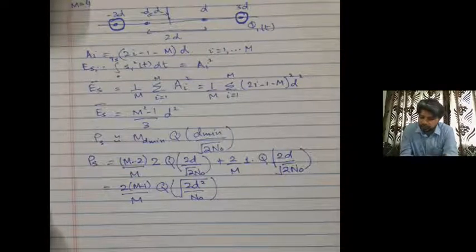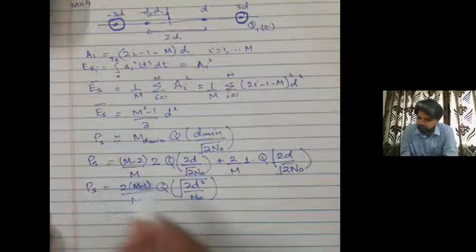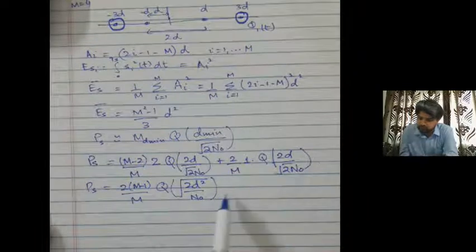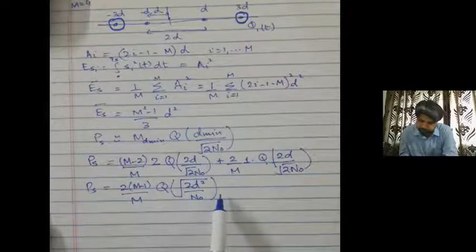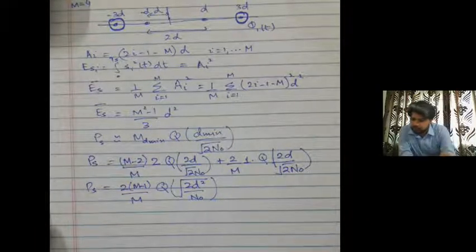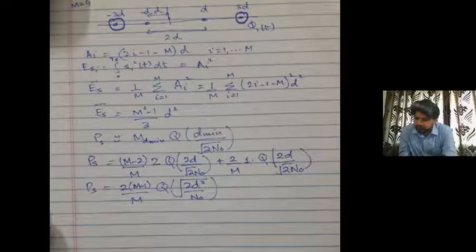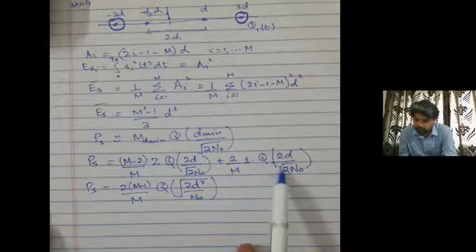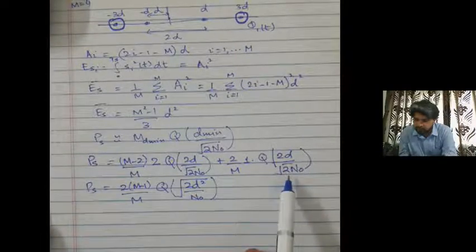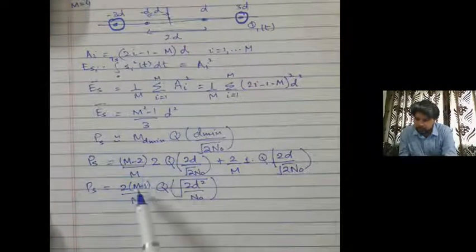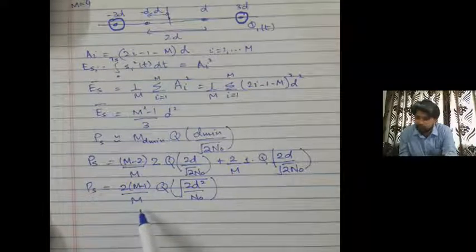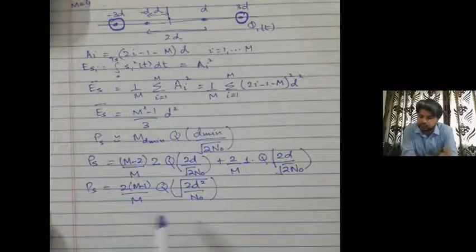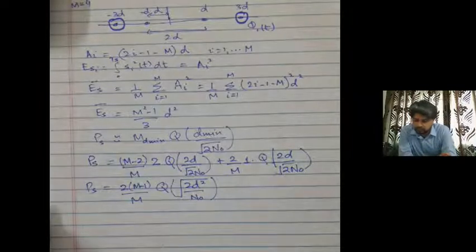So this is a simple error probability. We have just simplified this equation down to this equation. You can see that 2 times the Q function of root 2d squared over N naught has been taken common, and the rest you would have M minus 2 plus 1, that would give you M minus 1 over M. So this gives you the total symbol error probability.